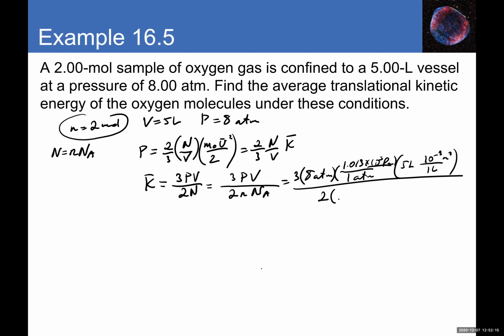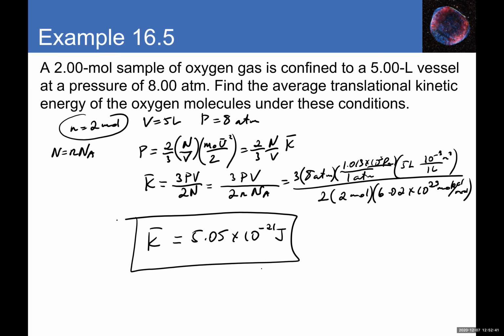Then divided by 2 times the number of moles, which is 2 mole, times the Avogadro number, 6.02 times 10 to the 23 molecules per mole. If I calculate the average kinetic energy, I get 5.05 times 10 to the negative 21 joules. So that's the average kinetic energy of the oxygen molecules under this condition.